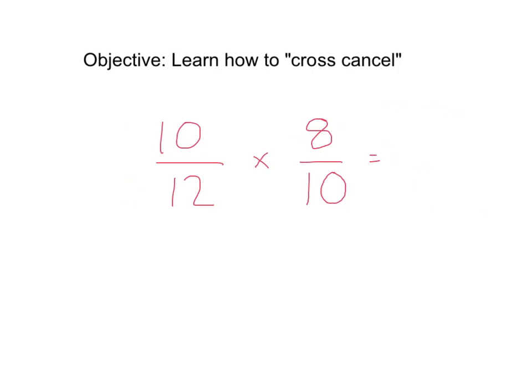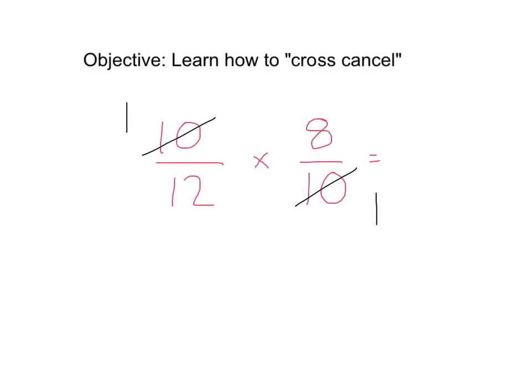In this slide, I want you to cross-cancel before you try to multiply. So, once again, when we're cross-canceling, I'm looking at the numerator of one number with the denominator of the second. In this case, I can cancel out both of these 10s and just say, well, 10 divided by 10 is 1.